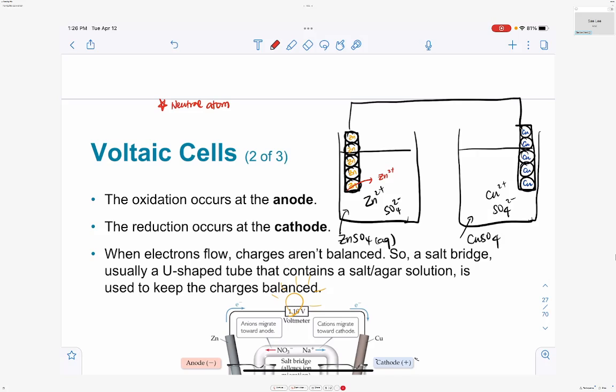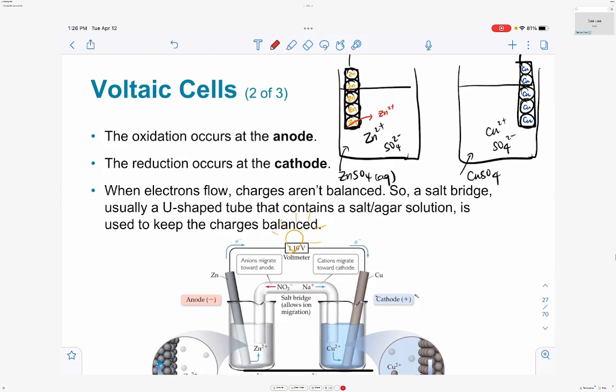Do you remember electronegativity from Gen Chem 1? Yes, I do. Yes, so those are copper's natural instincts, their natural characteristics. But in a few slides, I will show you a table that clearly explains the order of which one has higher desire for electrons. But for now, I'm just going to explain how this voltaic cell is working.